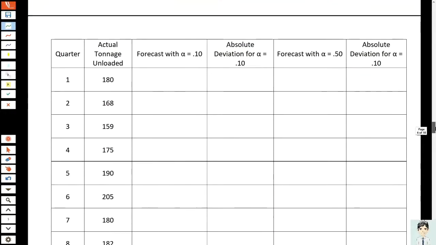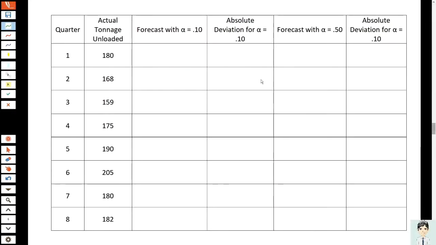So identify muna natin yung forecast, no? So sa forecast ulit, i-rate lang natin.